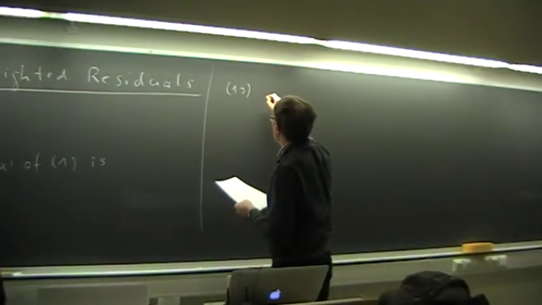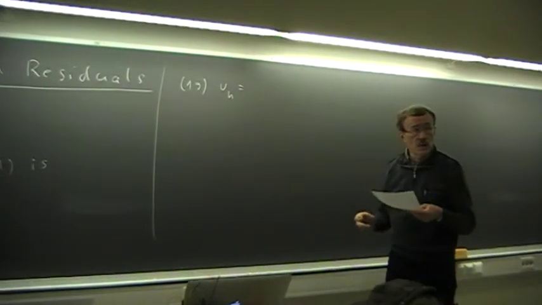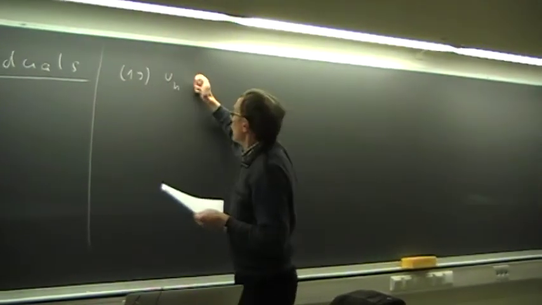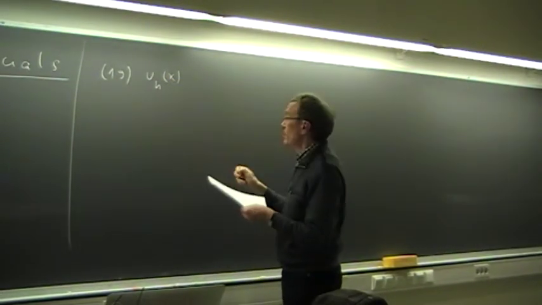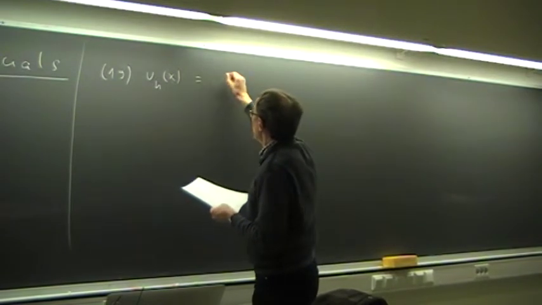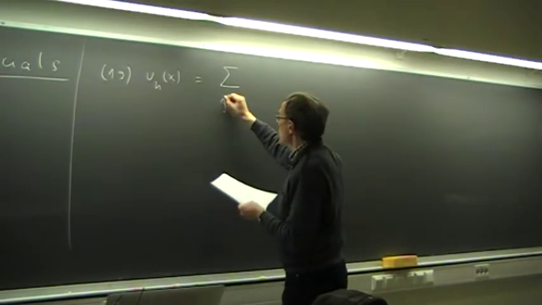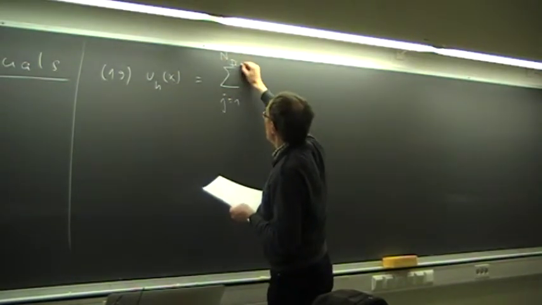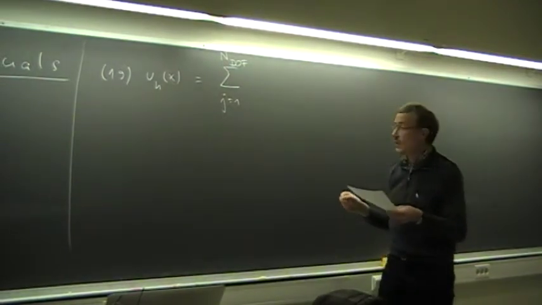We start from the very beginning. Denote by uh, h referring to the grid spacing, an approximation to the u of x. And we take it as a sum of basis functions from 1 to NDOF, I call it, the number of degrees of freedom.